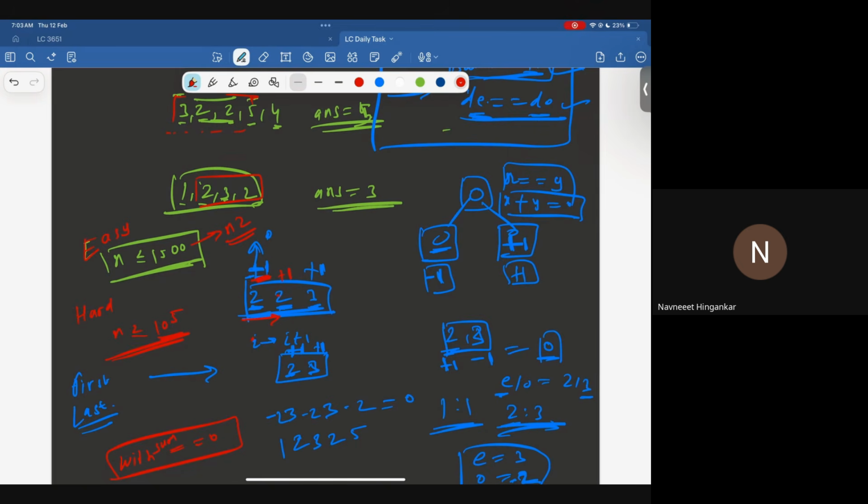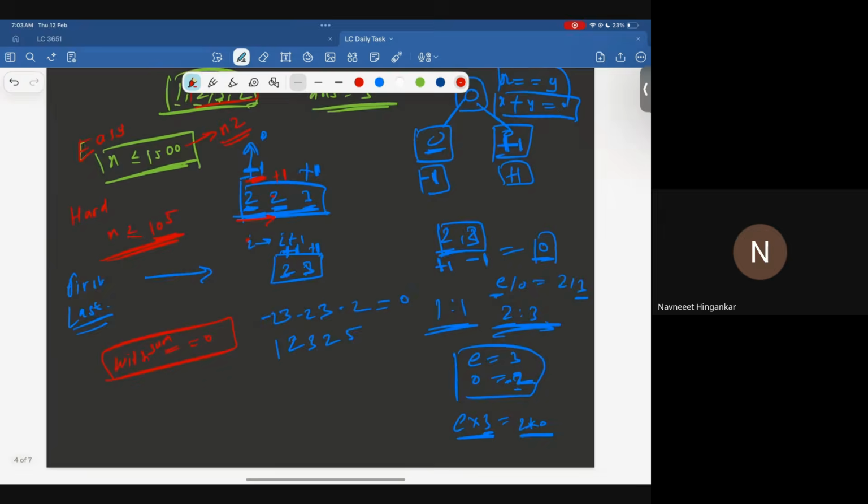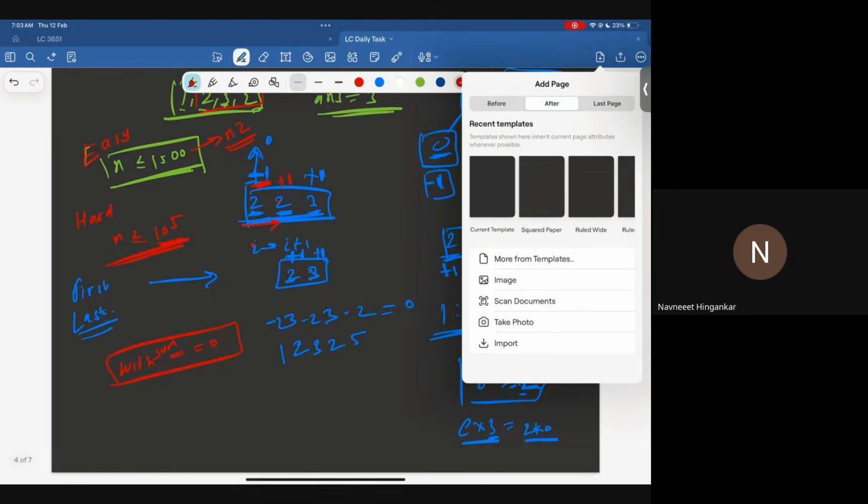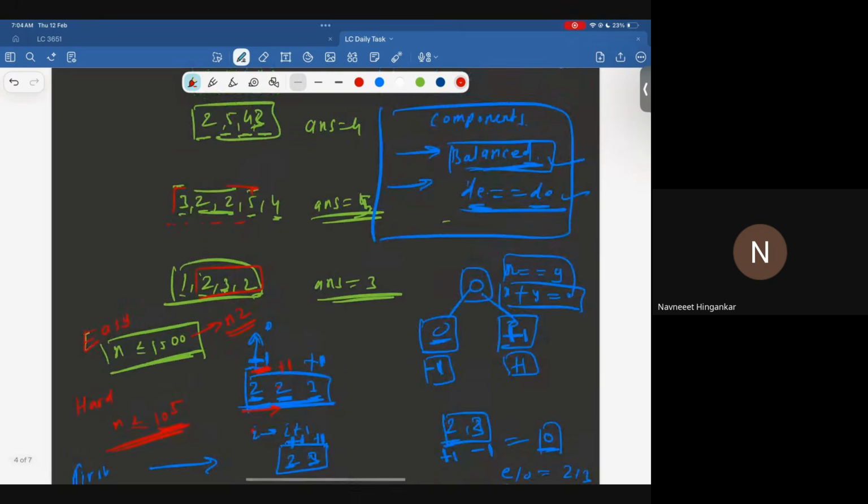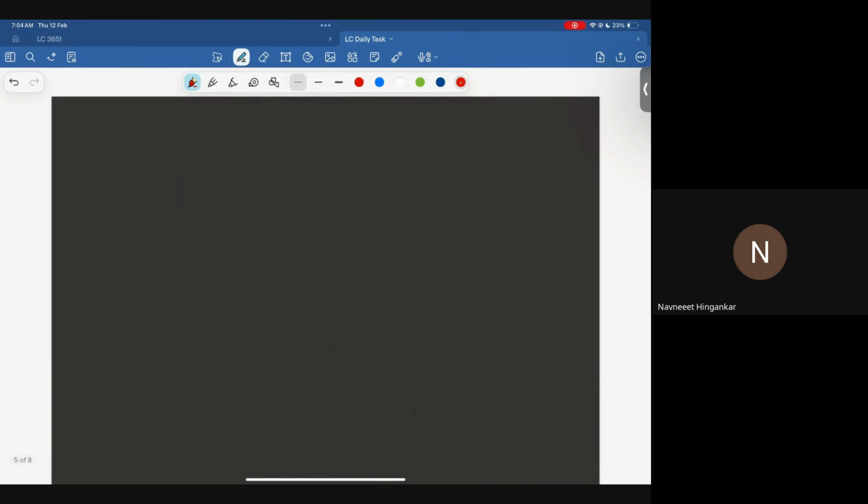Okay, I will give you the hint. Basically, what we were trying to do is update the plus one contribution for the leftmost occurrence for that element.